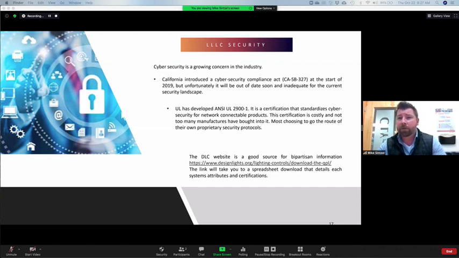A couple of years ago, I think it was probably about 7 or 8 years ago, a major retail chain was hacked through their wireless thermostats. They accessed all kinds of information, personal credit card information. Since then, there's been a lot of changes and new measures put in place to avoid the same thing from happening.